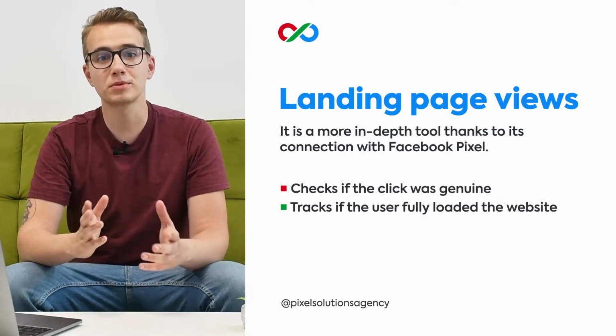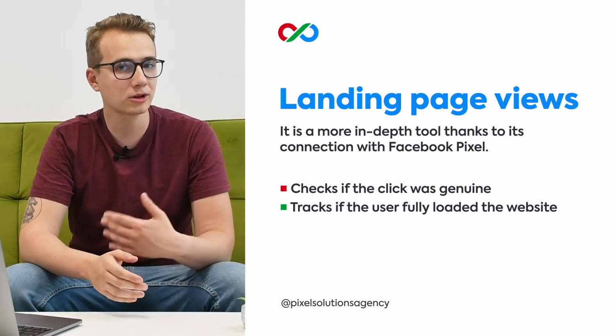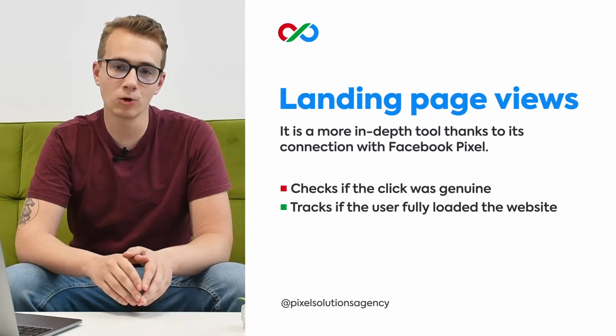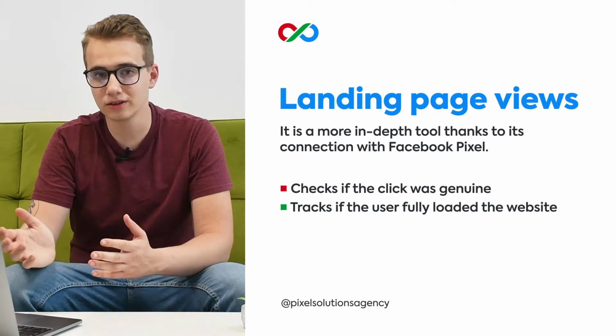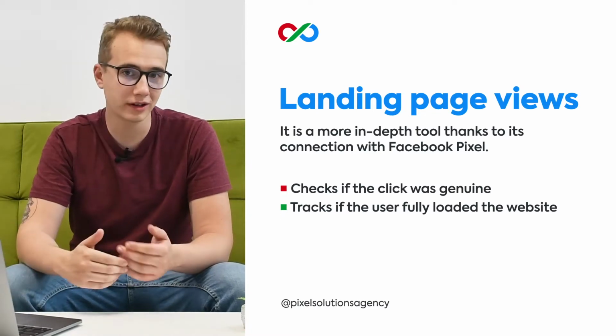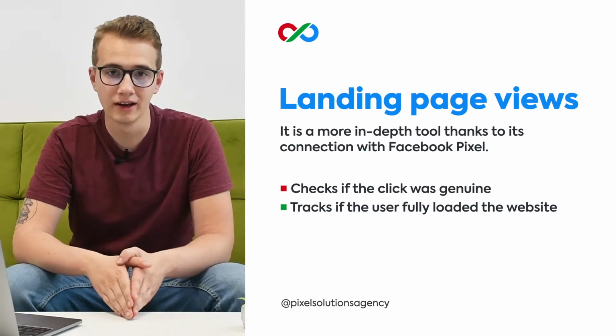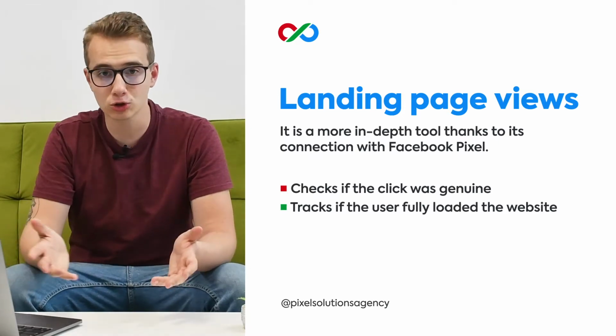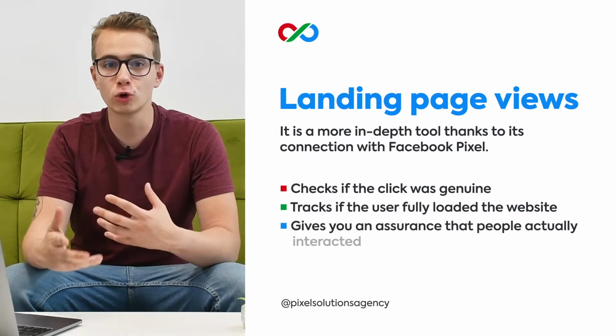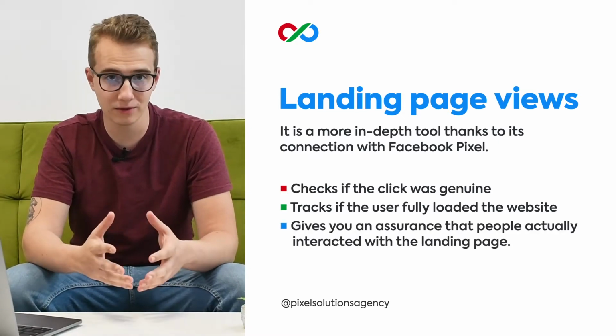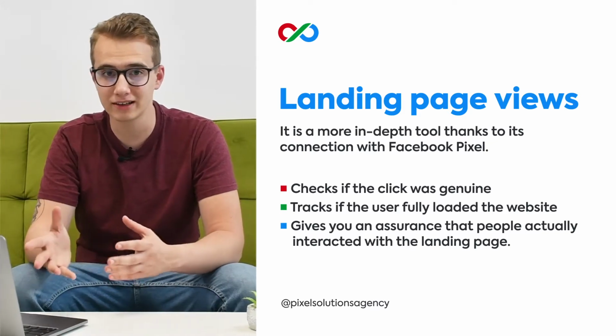Because of course there's a percentage of users that either click by mistake, or they click and the website doesn't load for them, or they run into a technical error and they never see your actual landing page. It's kind of an assurance that people actually arrive on your website and see your landing page.